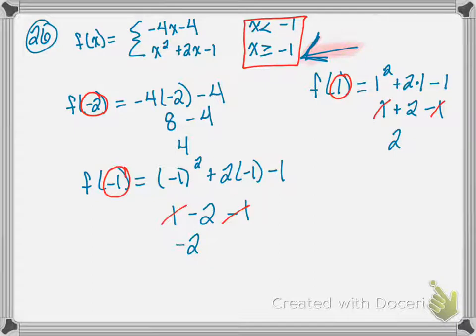And pay special attention to where that or equal to sign is. Pay special attention to the line. So this one is the greater than or equal to. Because I can guarantee you are always going to have whatever that number is. Like here it was negative 1. You're always going to have that number, and you're going to have to decide which function to use. And so you look for the one with the or equal to.